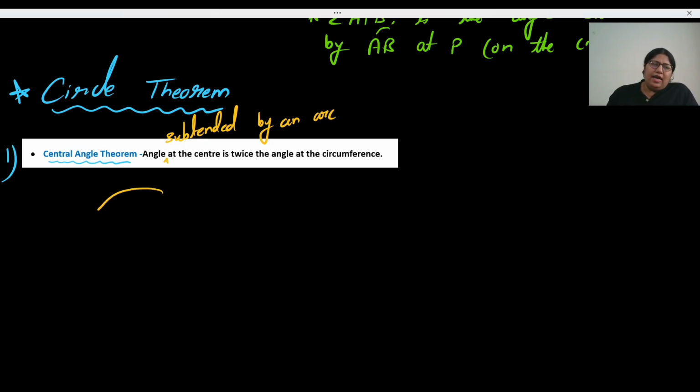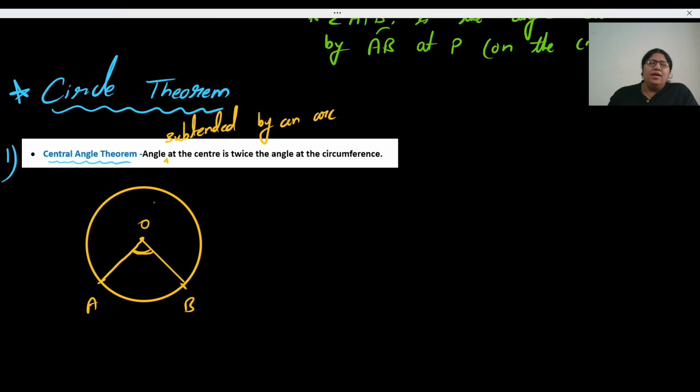Now, what is the meaning of angle subtended by an arc? If I take O here, and arc AB, the angle subtended by arc AB at the center O is angle AOB, or angle BOA. Now, it's written twice the angle at the circumference.